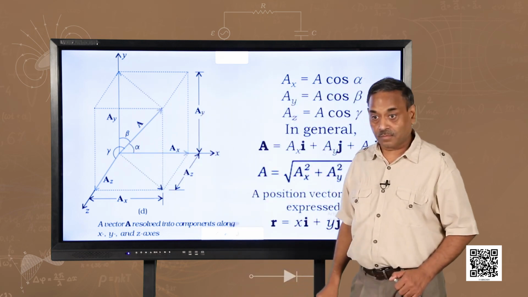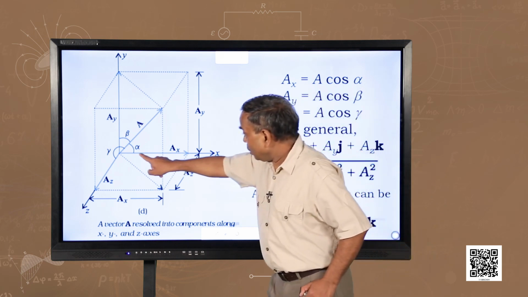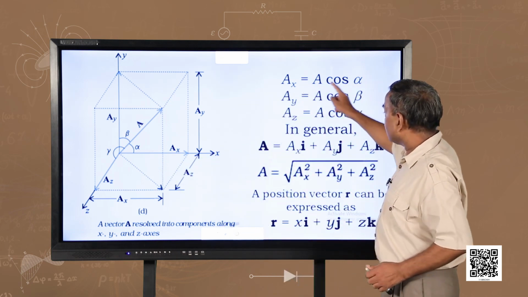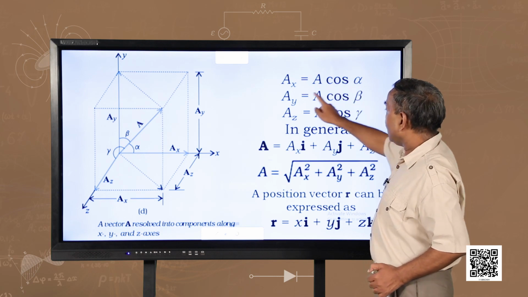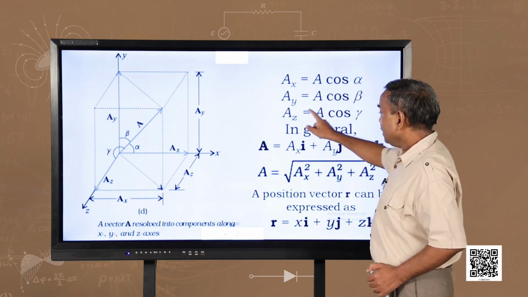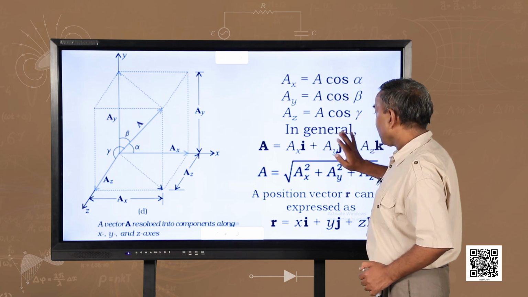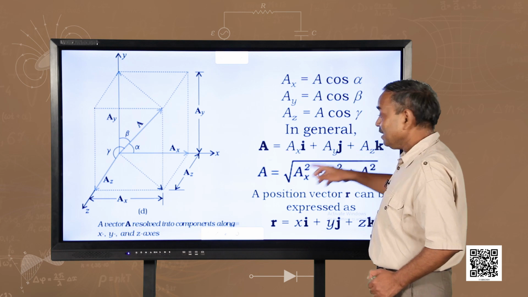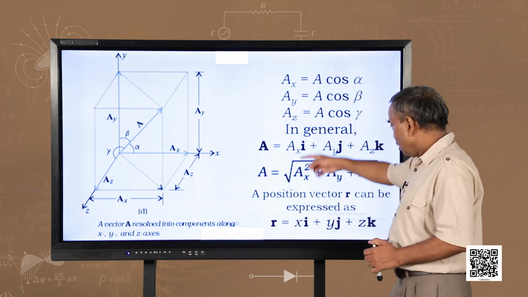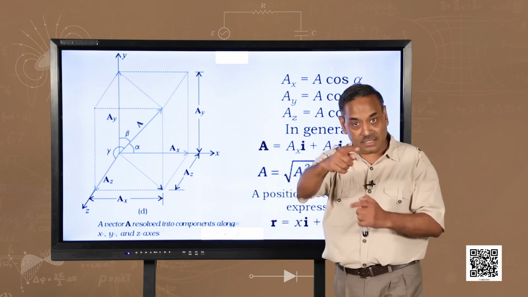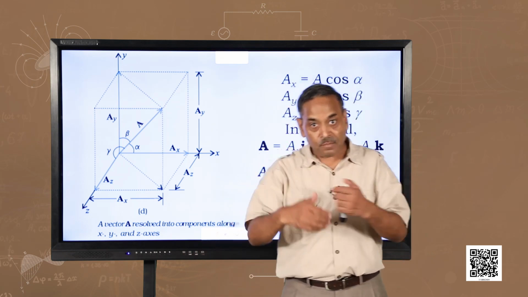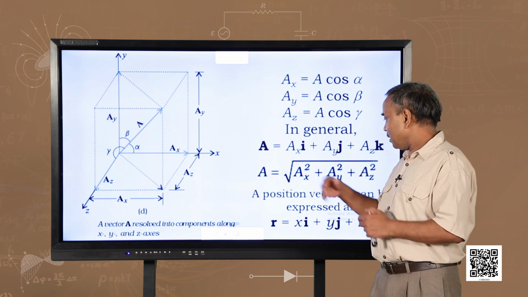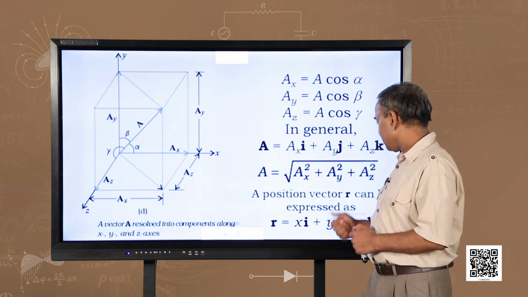with z axis, right. Now, if I try to resolve them out, I will find A x is equal to A cos alpha, A y is equal to A cos beta, A z is equal to A cos gamma, and in general I can write A is equal to A x i plus A y j plus A z k, as I did last time. And if you do all these things, the vector algebra which I did last time in the case of plane, you will get the magnitude of A is equal to nothing but under root A x square plus A y square plus A z square.